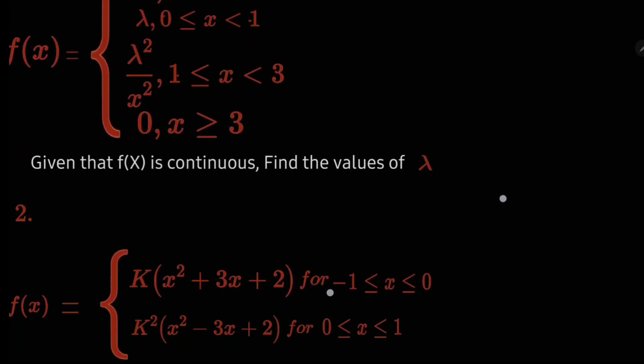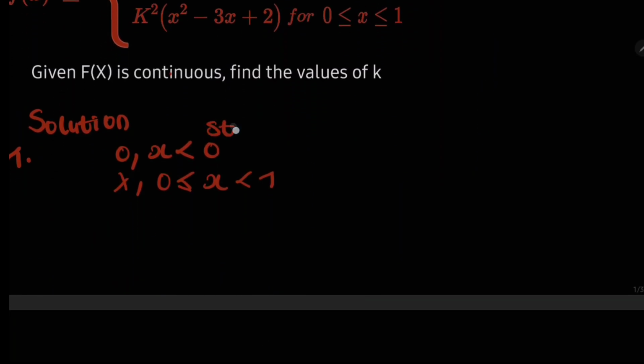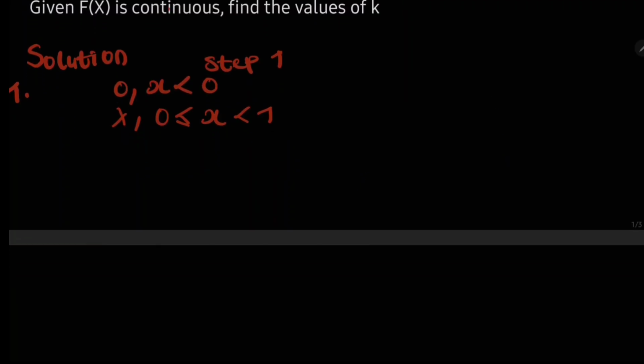So that is what we have for the first case. So let's just say step 1. Okay, so here this is our range and we are to find the values of lambda. Here we are to find the value of lambda.